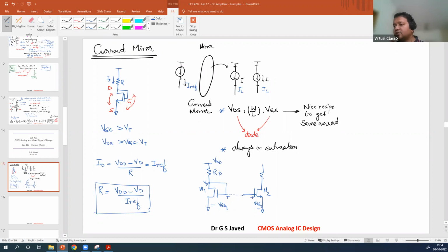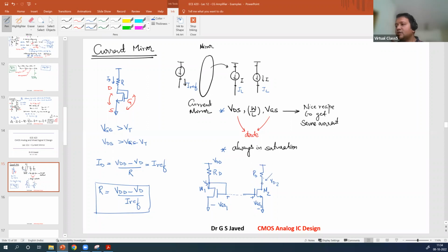Now what is the advantage? VGS1 is now the same as VGS2. Another thing, by definition, the VD voltage that you see at 1 is now expected to come here. Then you need the same resistor value in this resistor here.